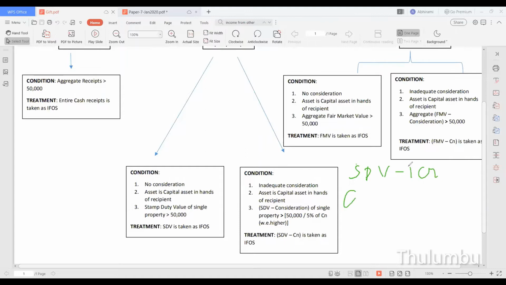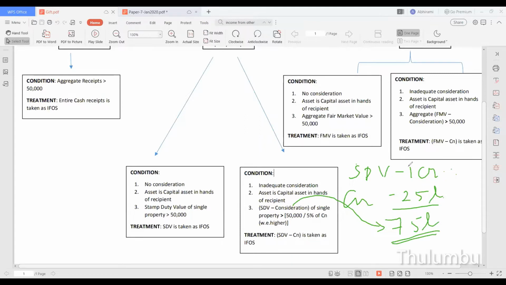But I have paid only 25 lakhs. So first, find the difference. That is stamp duty value minus consideration, which is 75 lakhs.